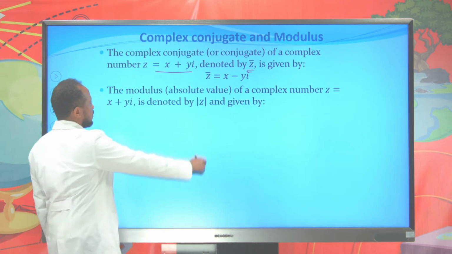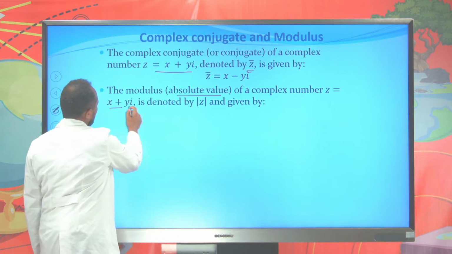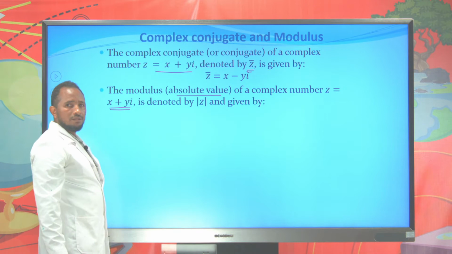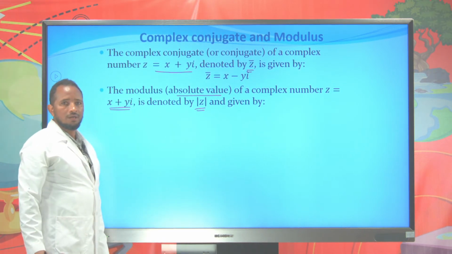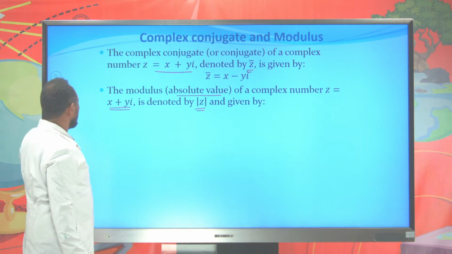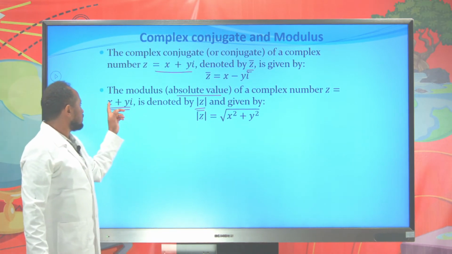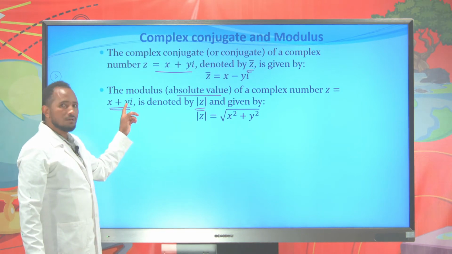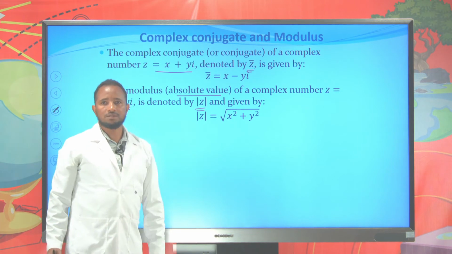The modulus or absolute value of a complex number z equal to x plus yi is denoted by absolute value of z, and it's given by this one. The modulus of z is equal to the square root of the square of the real part plus the square of the imaginary part. So this is it. Now let's see an example for this.